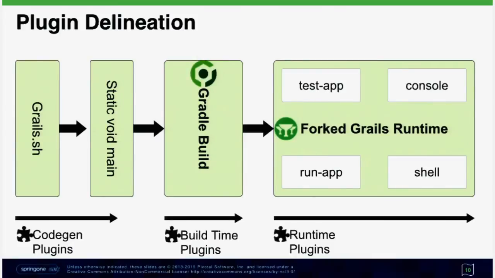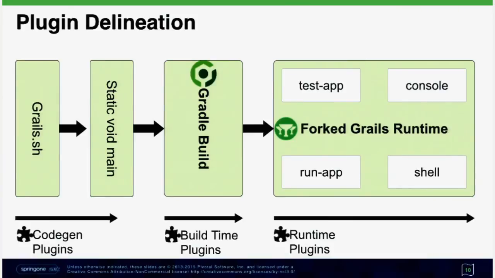One of the things that meant is we have a clear delineation in Grails 3 between what plugins can contribute to and how they contribute. Before, a Grails plugin could essentially contribute end-to-end, right from code gen to the build, to the runtime, all bundled up in one thing. And whilst convenient, it created issues in terms of build-related artifacts ending up in the runtime and so forth.